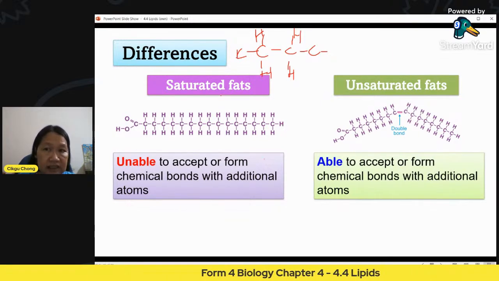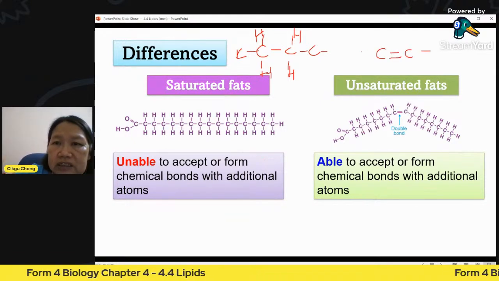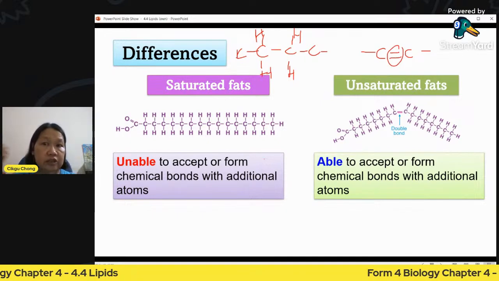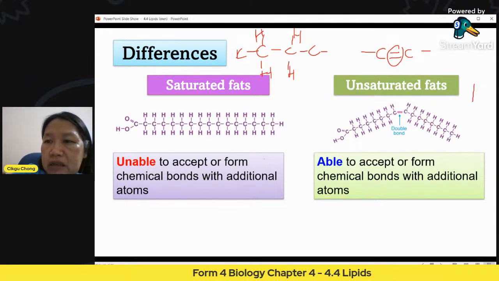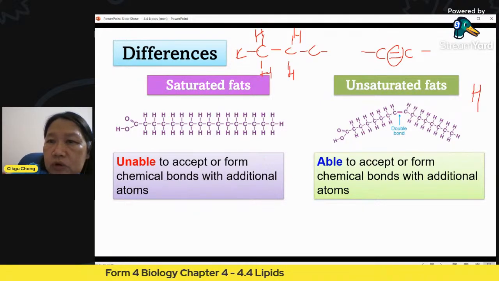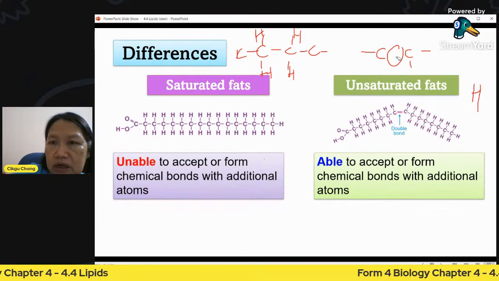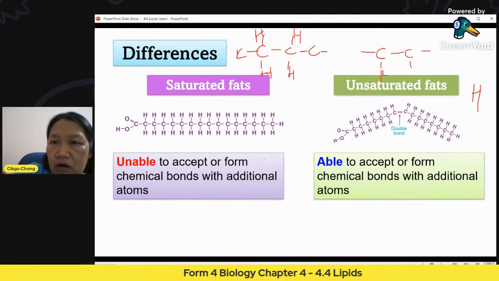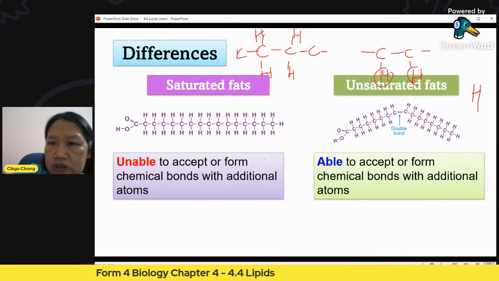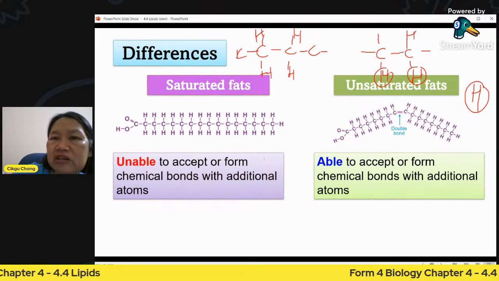But for unsaturated fat, because there is a double bond here, at least here, this double bond can be broken. Later on, if I add in hydrogen, the hydrogen will go in and this double bond will disappear. It's no longer a double bond. It becomes single, with two new hydrogens added here, and this is the existing hydrogen up here. Sorry, not enough space to write.